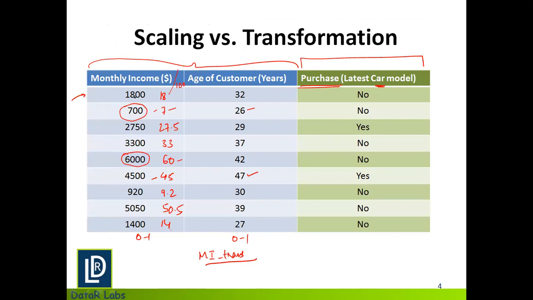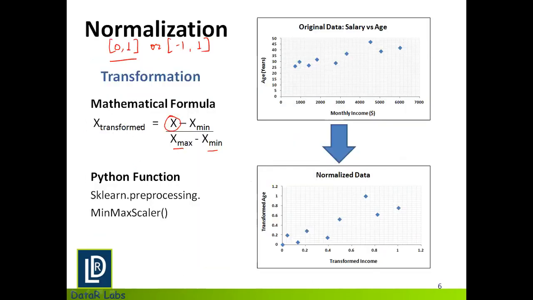For instance, 1800 will just do 1800 minus the minimum value of this entire feature, which is 700, and divided by the maximum value, which is 6000, minus the minimum value, which is 700. And this would give me some value within the range of 0 to 1.